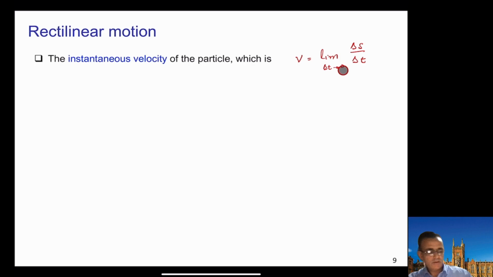Now we know that this is the definition of the derivative. So this means that the instantaneous velocity is equal to ds by dt, or you can also write this as s dot. s dot means the derivative with respect to time.